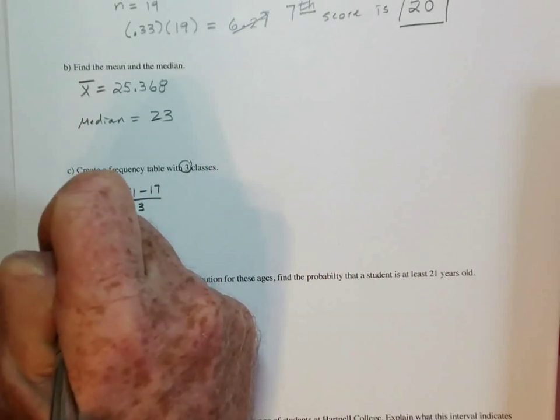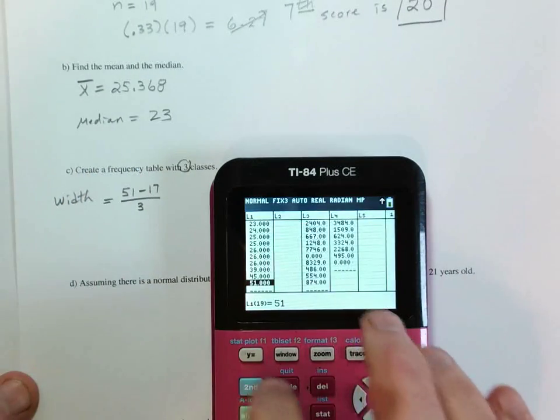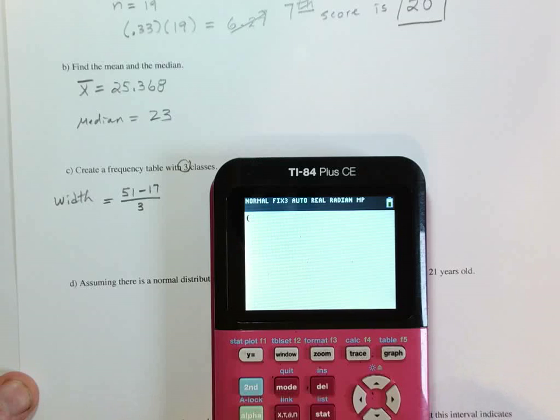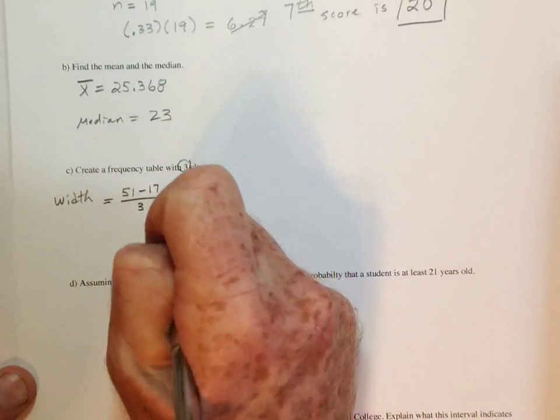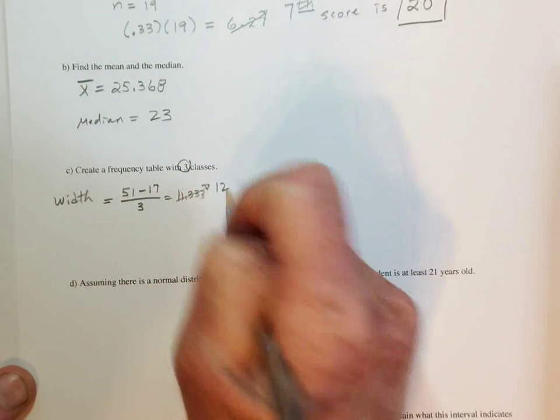And what I'm making right now is called the width. So 51 minus 17 gets divided by 3. It's 11 1/3. But I don't want to use a decimal. So instead of using 11.333, then round up, I'm going to use 12.